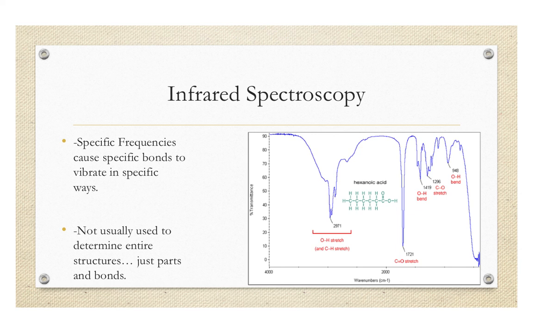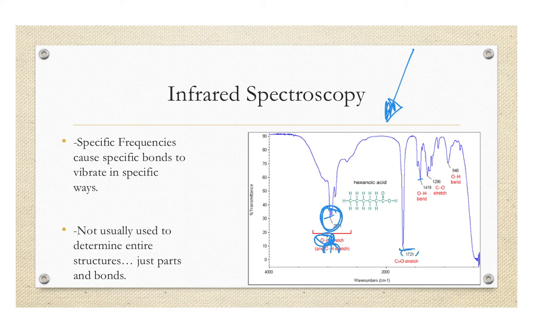All right? So in the end, you get a graph that looks something like this, and you look for where these peaks are, these downward peaks. And each of those peaks is going to correspond to a specific kind of bond. So this peak here, for example, that happens at a wave number of 2971 corresponds to oxygen-hydrogen stretching and carbon-hydrogen stretching.